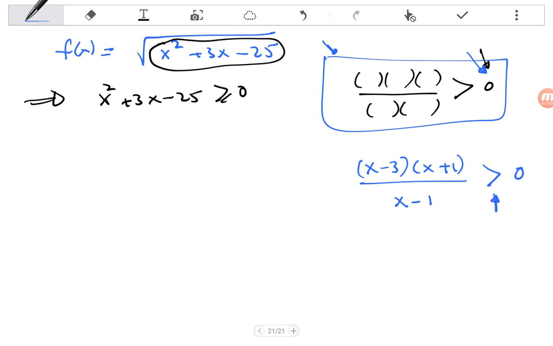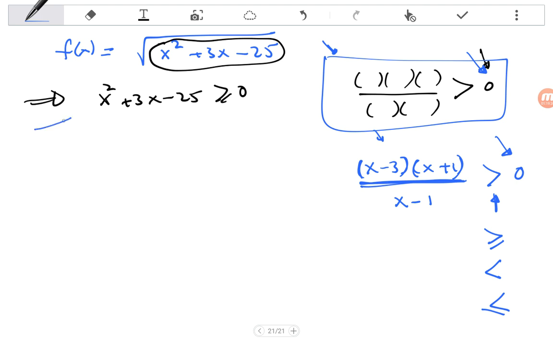It can be greater than 0 or less than or equal to 0, but this side must be 0. That is the first step. For that side, it's better to be expressed as the multiplication and division of some brackets like this.